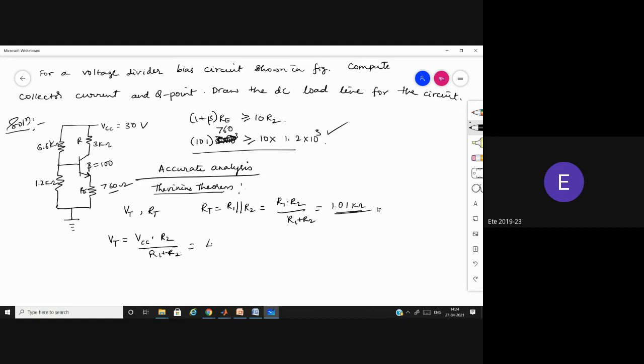Is it 4.6? 4.615, yes, sir. So we have got 4.61. Now we need to find the base current in order to find the collector current.